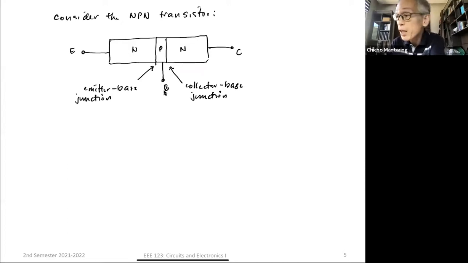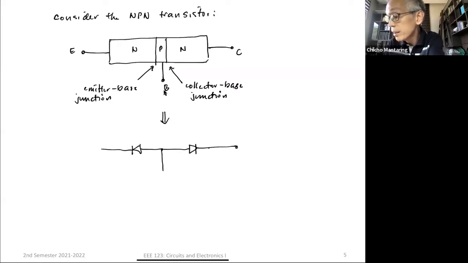So if you think about it, remember I said that a diode is formed when you have an NP or PN junction. At first glance, this will seem like two diodes in series. So it looks like this: I have a diode this way, then I have another diode this way, and then this is my base.